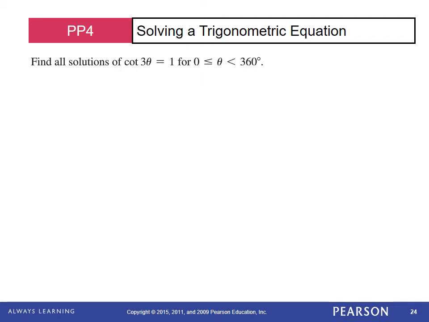So we go from 0 less than or equal to theta less than 360, but now we're wanting to do 3 theta, so 3 times 0, 0. 3 times theta is 3 theta, and 3 times 360 is 1080, perfect.